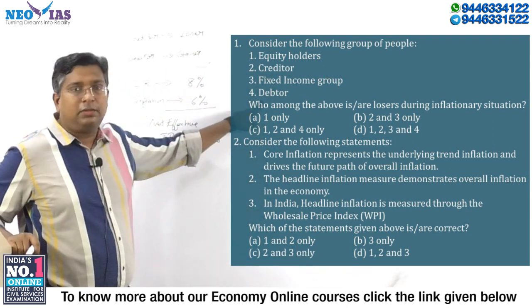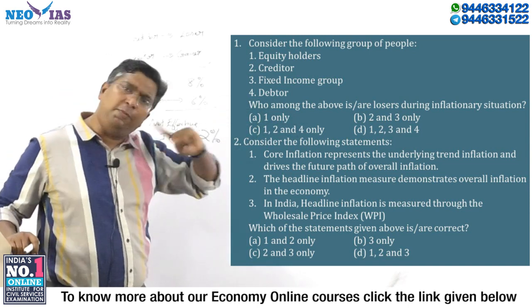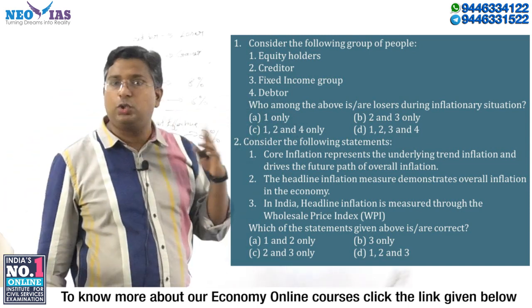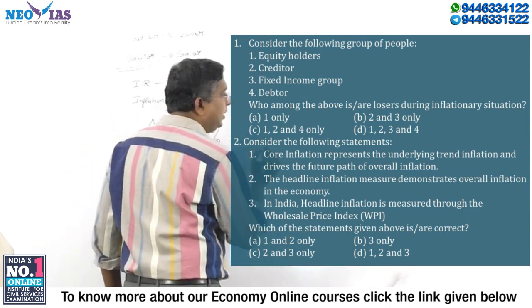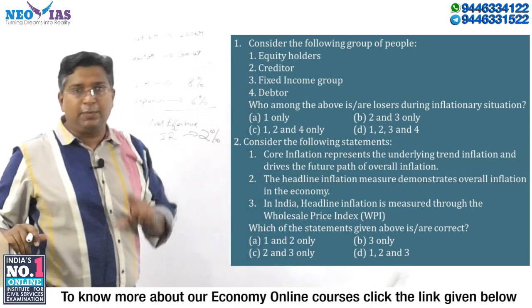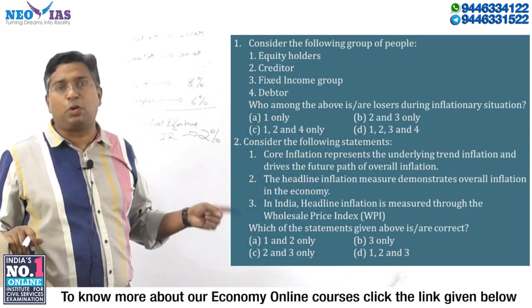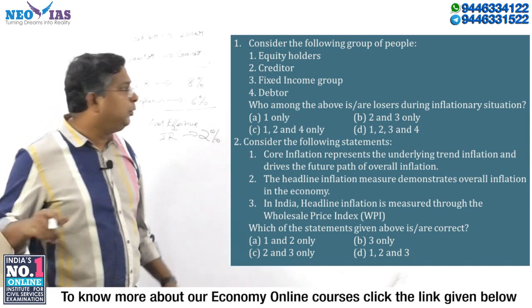And what about debtor? Debtor is not a loser, debtor is a gainer. So 4 should not be there in the answer key. Then we can eliminate C, then we can eliminate D. So by using this method, we have solved this question. Your answer here is B, 2 and 3 only.